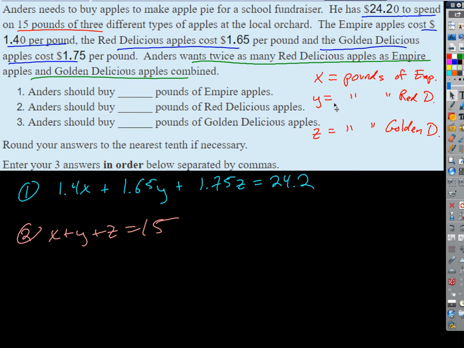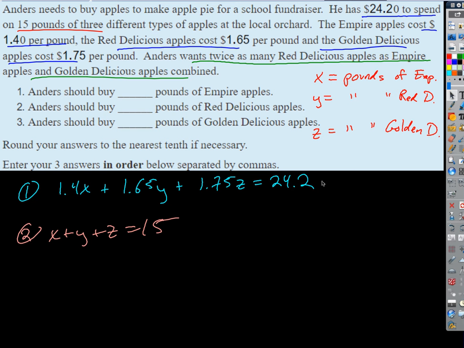And then the cost for Golden Delicious is $1.75, so we get 1.75Z. And if that's the total cost of each type of apple, they must be equal to the total cost of everything, which is given to us as 2420, right? So you're probably used to seeing that kind of equation pop out of a linear system problem. So there's the first one.